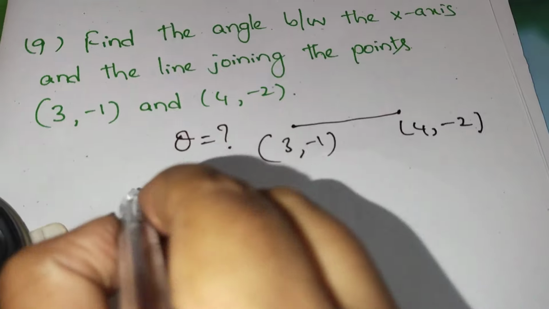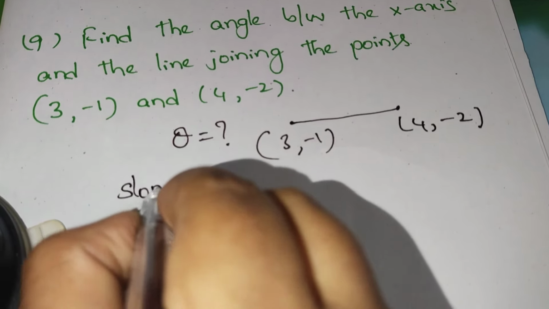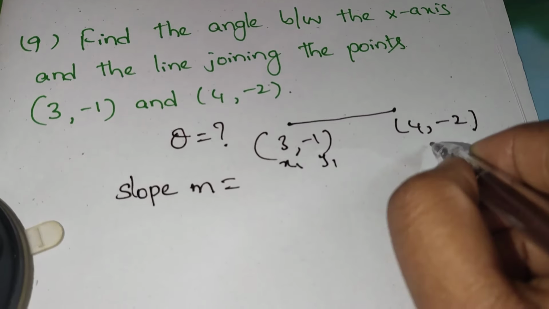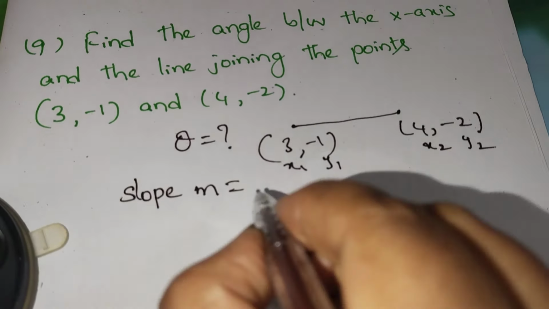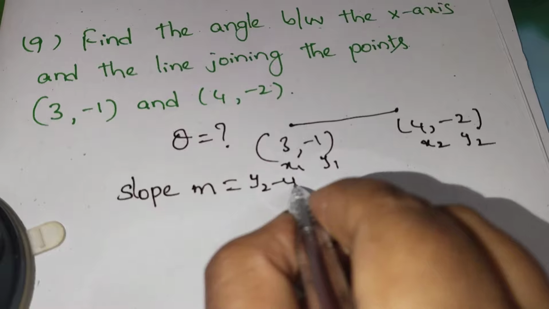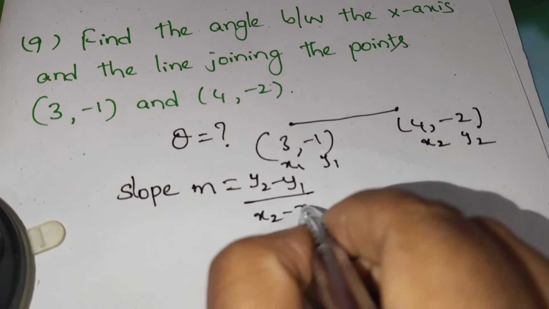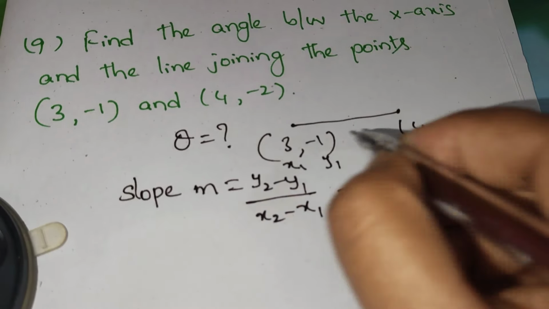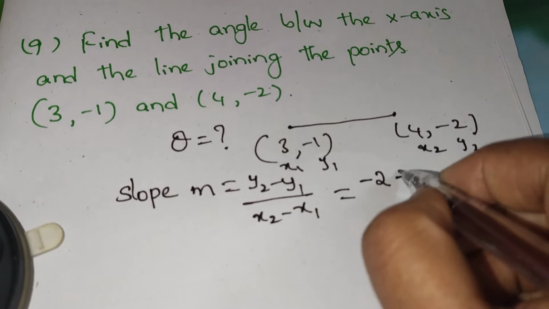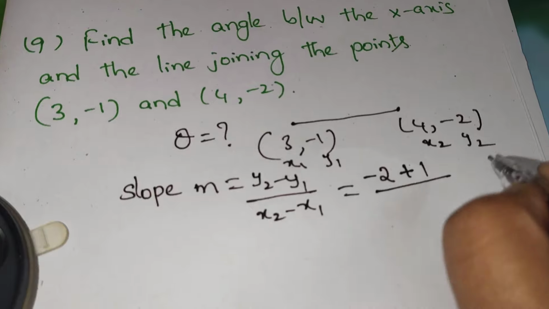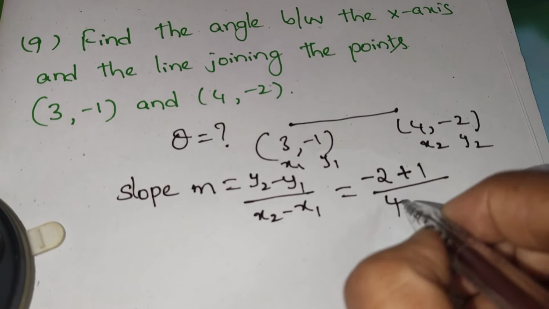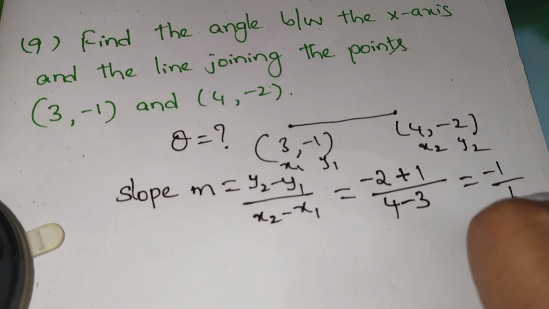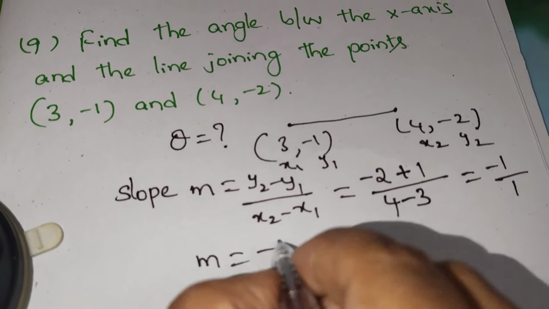We know two points, so the slope of that line, m, you take as x1, y1 and x2, y2. Write the formula y2 minus y1 divided by x2 minus x1. So y2 is minus 2 minus y1, which is minus 1, so minus minus plus, divided by x2 4 minus x1 3. So minus 1 by 1, that is the slope is minus 1.